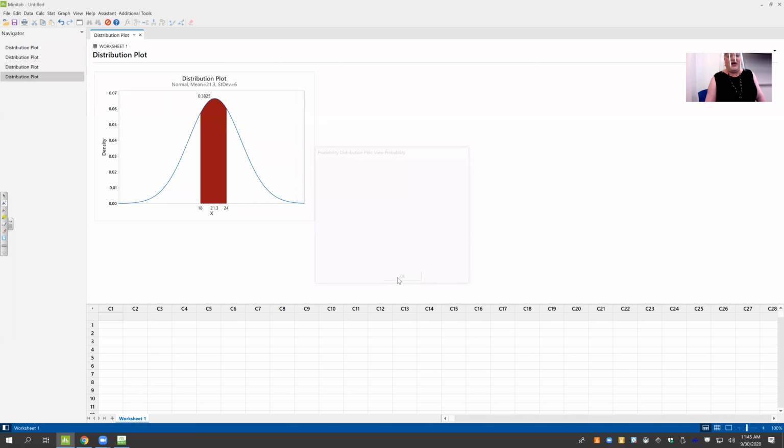This is going to probably bother you because this picture doesn't look like the one that I drew. This picture gives you the value of the distribution between those two numbers. But what I really want is what's on the extremes. In this case, I'm really looking for the white area.